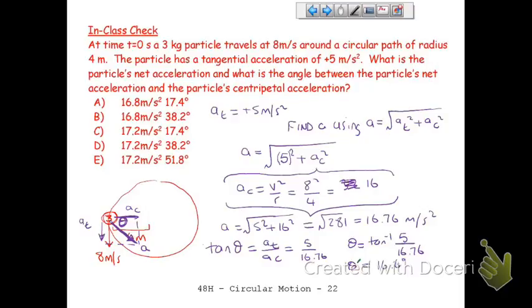Rushing. So it should be 16 and 16.76. That's my centripetal, and that's my net. So it's that, which equals 16 divided by 16.76, I'm getting 43.